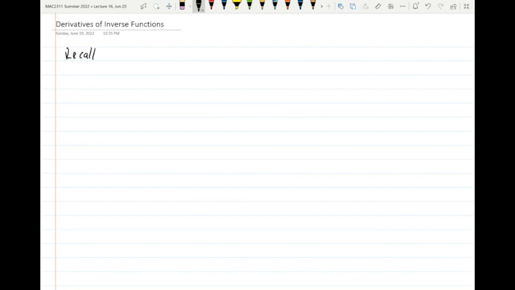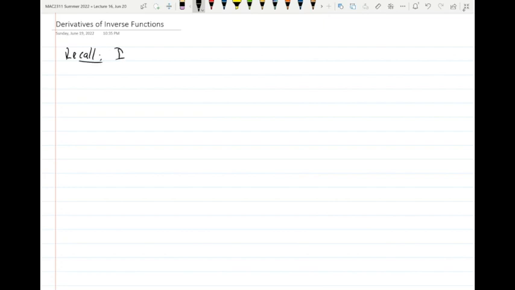First of all, for a function to have an inverse, it has to be one-to-one. Okay? But given a function that's one-to-one, then it has an inverse. And what's the inverse? It's another function whose job is to undo what the original function does. Okay? So whatever the output of this function is will become the input of the inverse, and the output of the inverse is the input of the original function. So it kind of reverses the process.